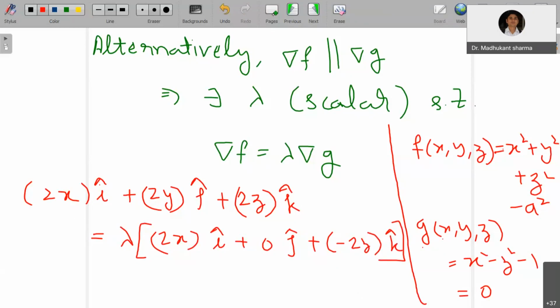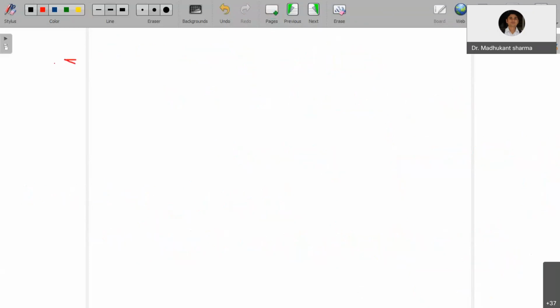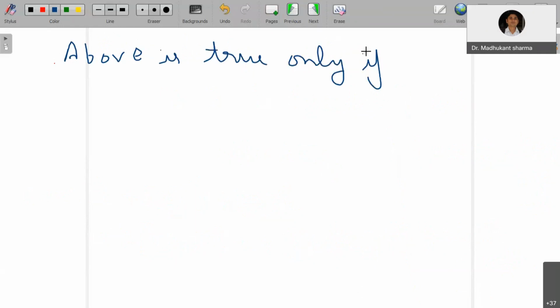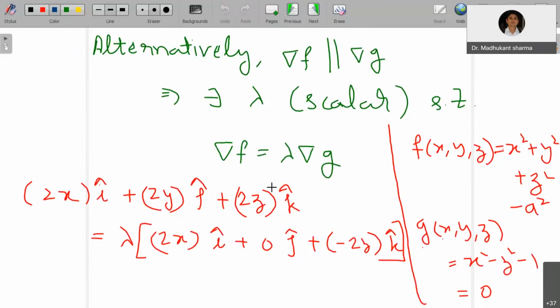What we observe is that this is true only if the i component is equal, the j component is equal, and the k component is equal.